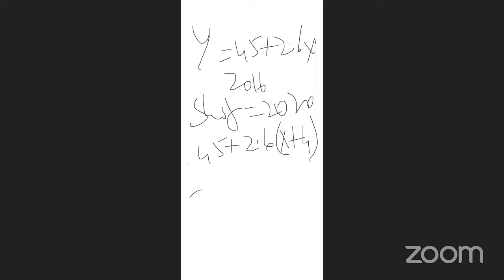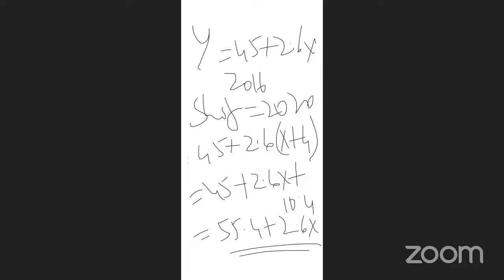So it is 45 plus 2.6x plus 2.6 into 4. 2.6 into 4 is how much? 10.4. So that means 45 plus 10.4, 55.4 plus 2.6x.